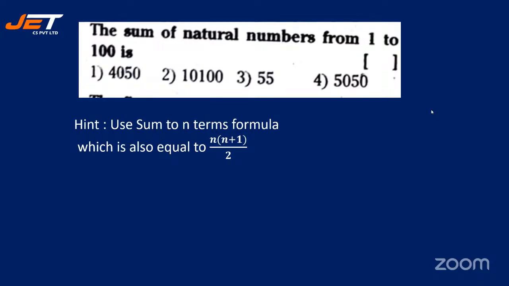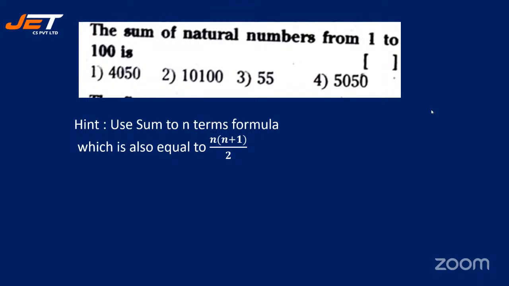So you can use n into n plus 1 by 2. Alright. So what is n into n plus 1 by 2? 100 into 101 by 2. So you can quickly multiply and see 100 into 101 by 2, which is 5050. That is the answer.